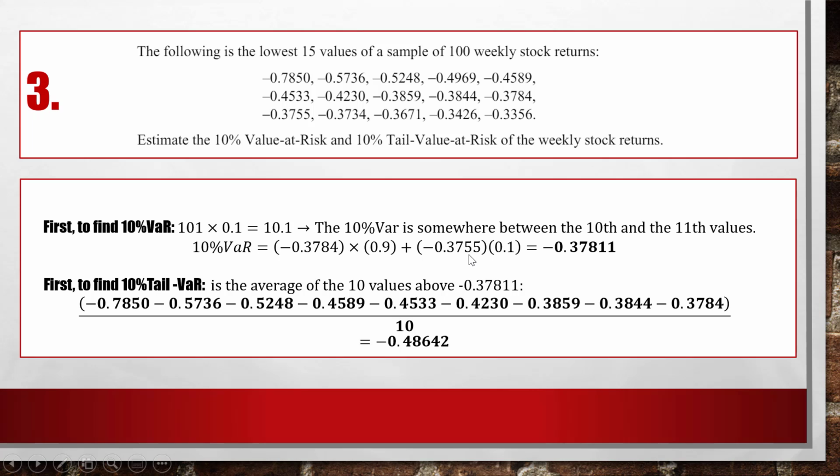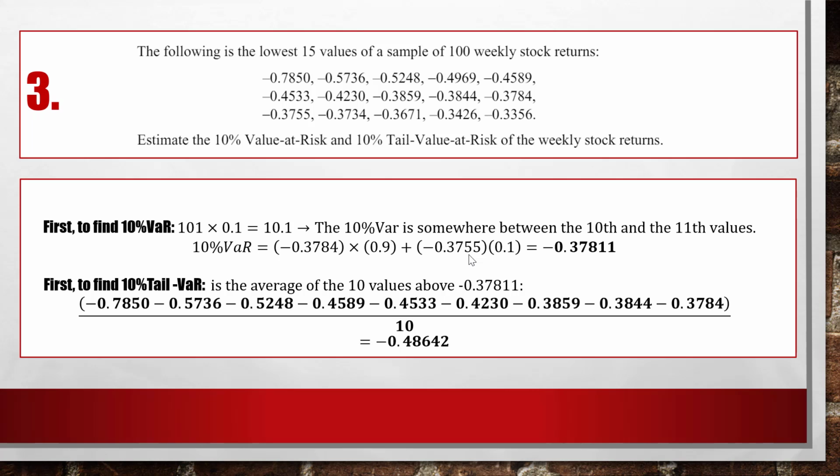So the question is which number we should choose to be the value at risk. Well, technically, you can take any number between them. You can take negative 0.3784 or negative 0.3755 or any number between them. Those are acceptable.